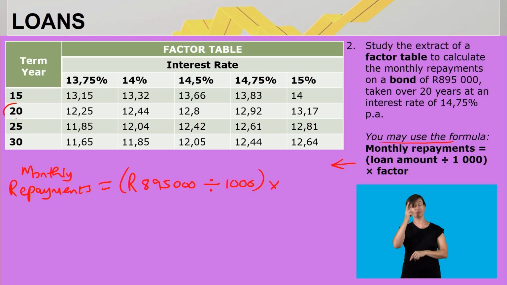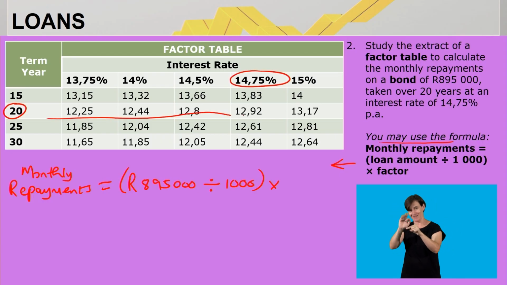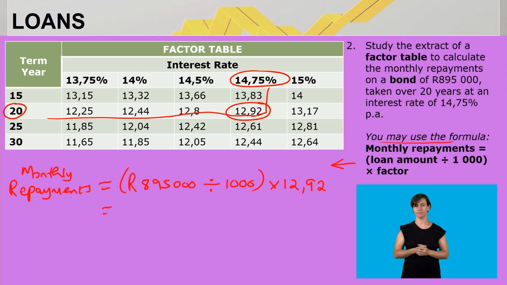Remember we said 20 years, 14.75% interest rate. Where will they intersect? Right here. So that's our loan factor. So therefore, we'll multiply it by 12.92. Okay, I hope that is clear to all of you. So therefore, I'll say 895,000, type it in, divided by 1,000. Some of you will know you can cancel those 3 zeros as well.